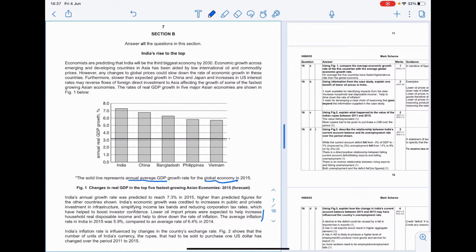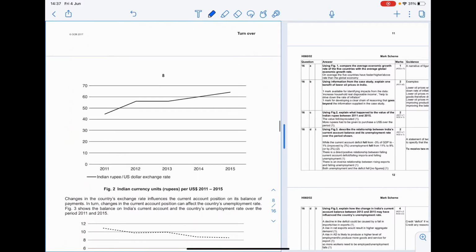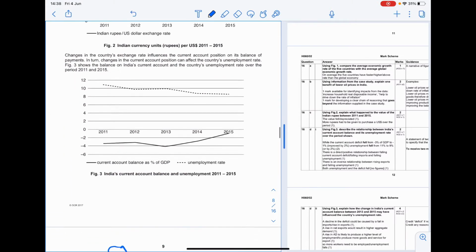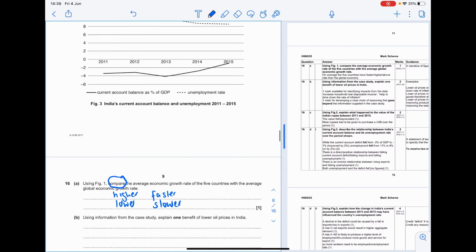So what we can see is each of these 5 countries has a higher economic growth rate than the global economy. And that's it. There's nothing more to it than that. So it's quite a straightforward question. So don't overthink things. Don't think, oh, that seems a bit too easy, because some of these are a bit too easy.